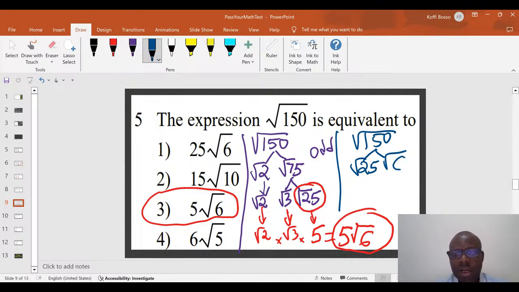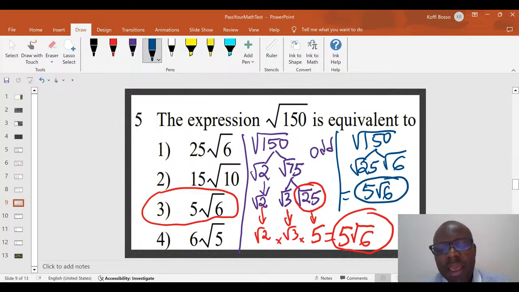And here you have a 6. So this is telling you that if you have a 25, you multiply by 6, you get 150. Therefore, square root of 150 is square root of 25 multiplied by square root of 6. And then you see that that is quick. So the square root of 25 will give you a regular 5, and we keep the square root, so we get the same answer, 5 square root of 6. But again, it's not a big deal. You can go step by step, but you're going to find the same answer.